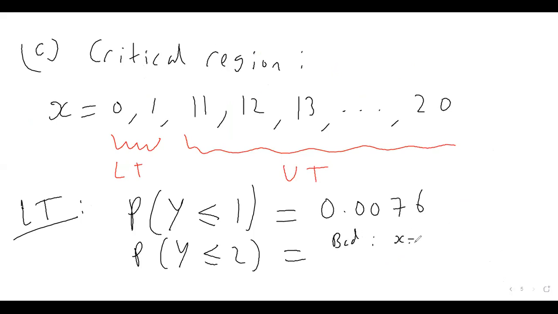Binomial CD, x equals 2, p 0.3, and n trials is 20 trials for this test. Two successes, yeah, so you'll get this: 0.0355 to 3 significant figures.